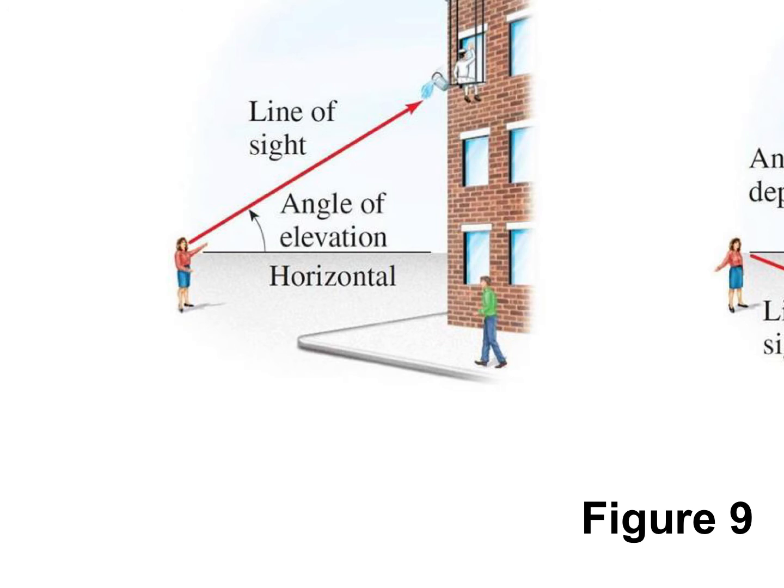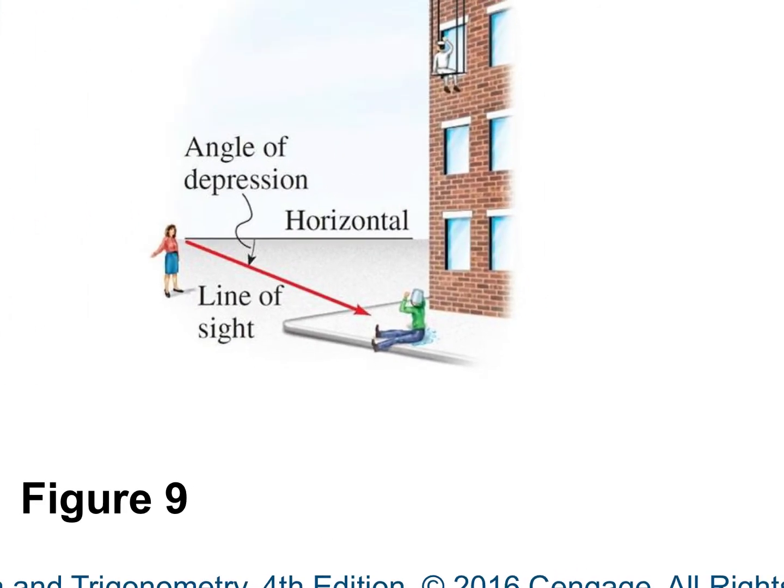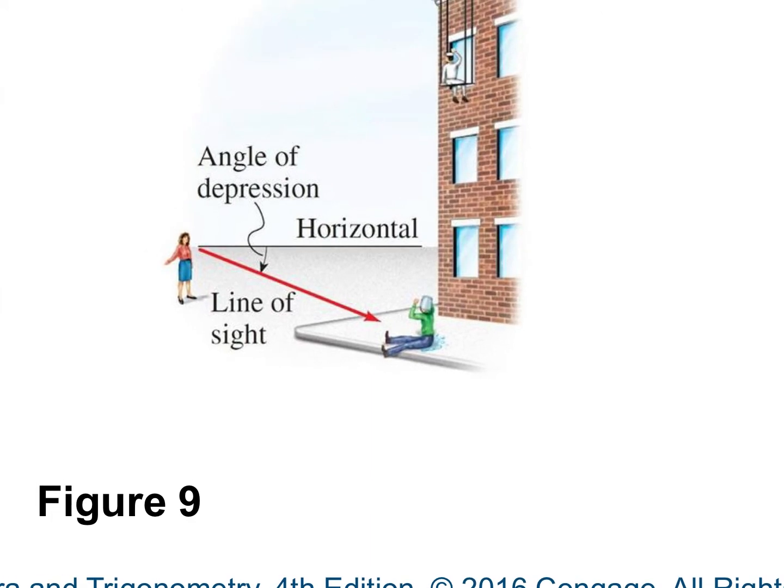Everybody understand that? If you're standing and then you look down, then you have created an angle of depression. So your line of sight is when you stand and you look straight ahead. If you look up, you're creating an angle of elevation. If you look down, you're creating an angle of depression. That should kind of make sense to you guys.